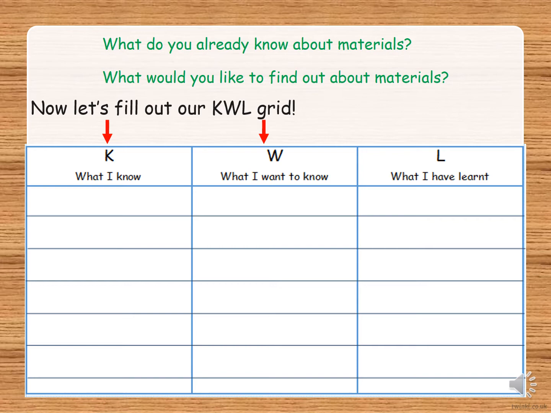The W in KWL stands for what I want to know. So this is where you're going to tell me what you would like to find out. What would you like to know at the end of this topic? What are the different things you would like to know about the uses of materials when we finish this topic?